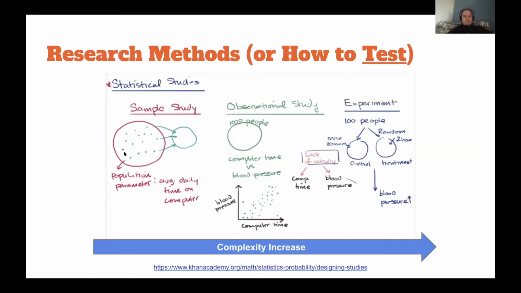From left to right, the complexity increases, right? If you start with the simplest one, the simplest possible study is the sample study. Then the observational study is a little bit more complicated, and then the experiment is significantly more complicated to perform.